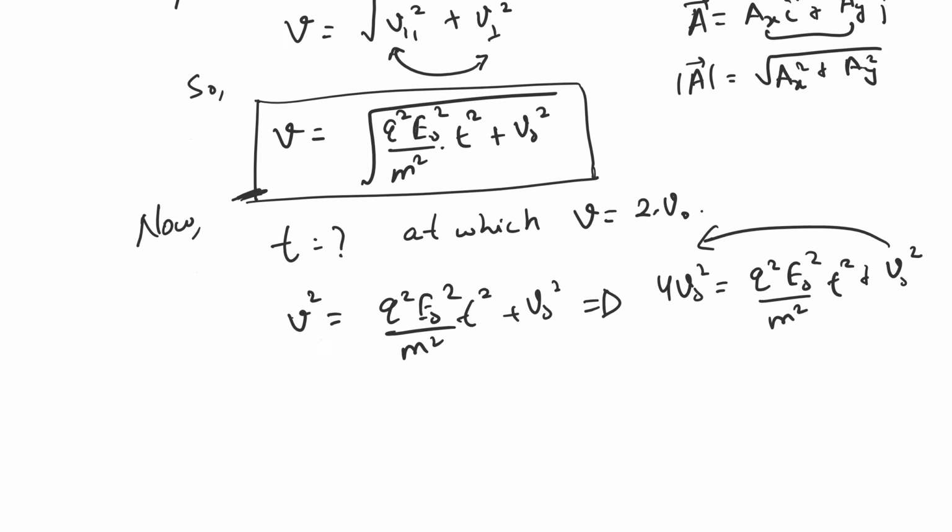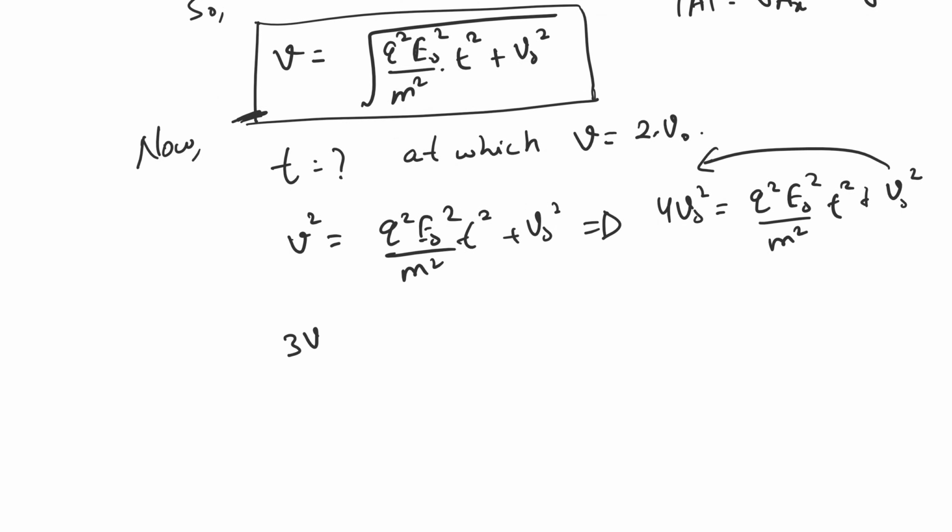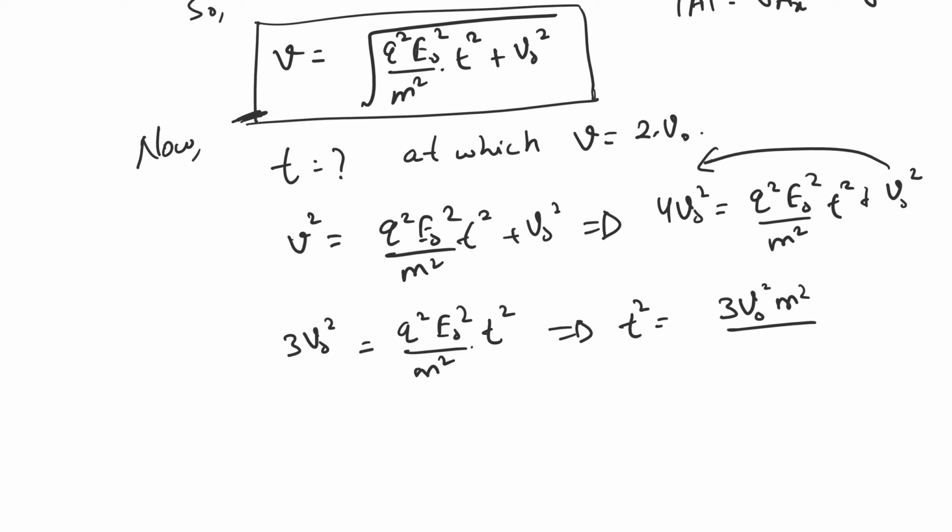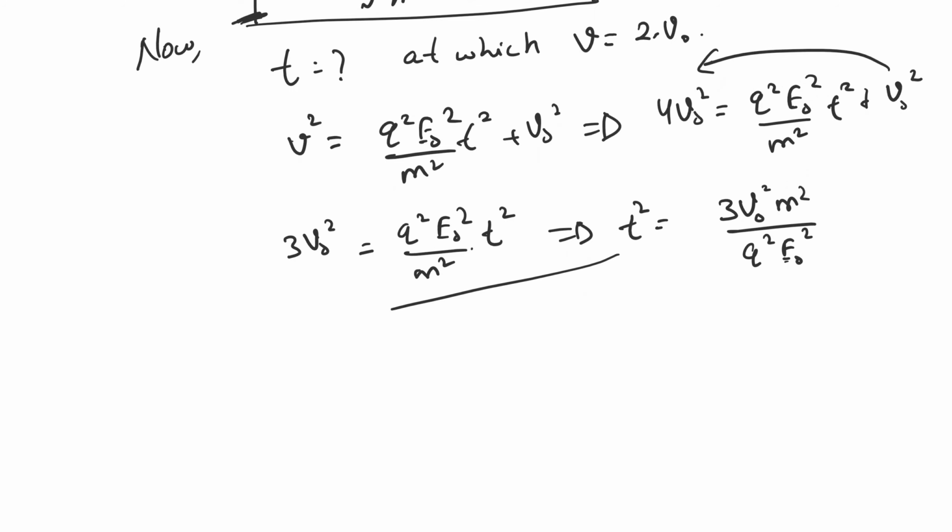Send this over here, and you'll have 3V naught square is equal to Q square E naught square upon m square into t square. So from here we get t square as 3V naught square m square divided by Q square into E naught square. Take the square root, and you'll get t as root 3 V naught m divided by Q E naught.